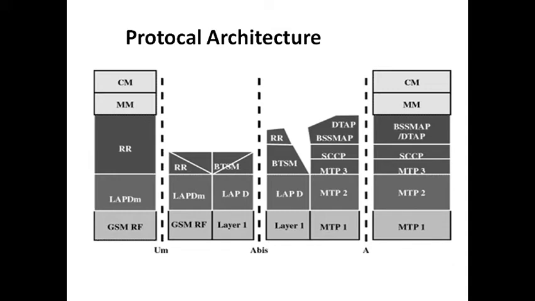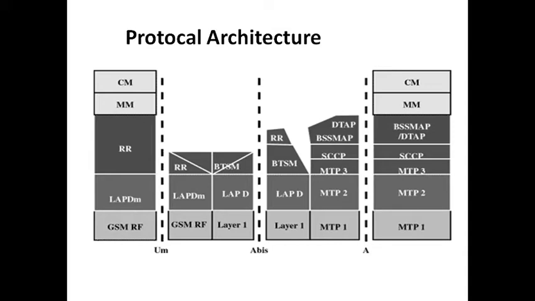As we already discussed, the Um interface is called the radio interface, and here also the main interest lies in the Um interface only. The remaining interfaces occur between a few entities which are in the fixed network.